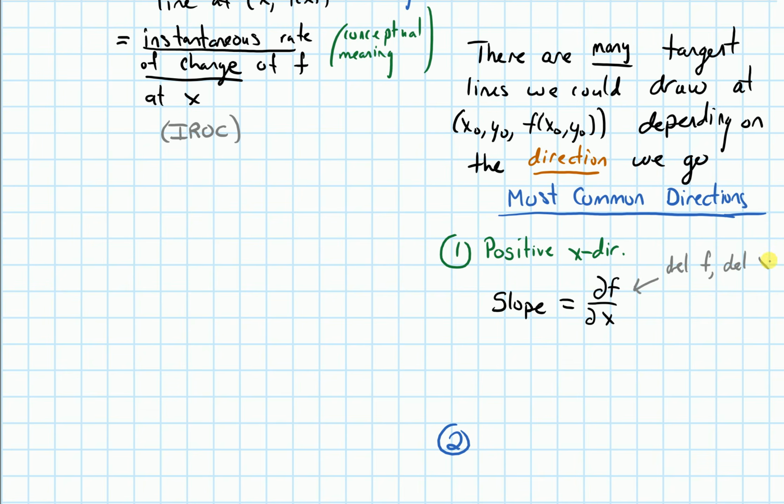This curvy d shape we pronounce as "del." This is notation for the partial derivative of the function f with respect to x. So that's what we'll call the slope when we look at it in this positive x direction.